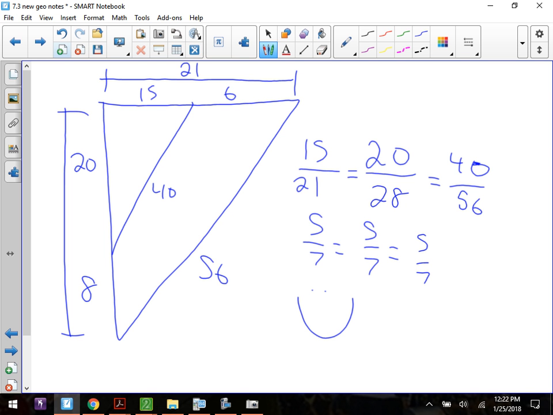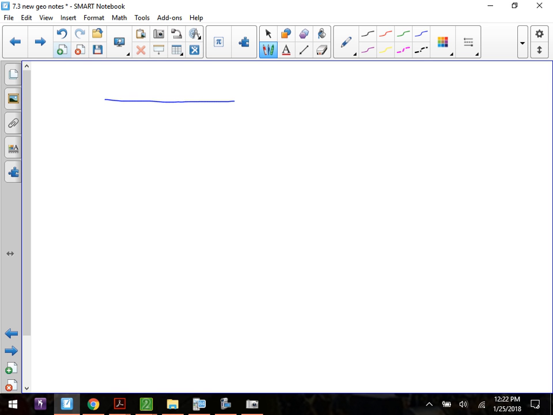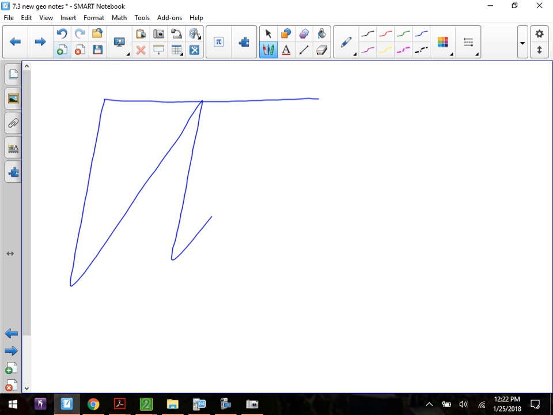Look over at 15 real quick. 15 is about the weirdest as they get as far as side angle side. This is about as weird as it gets when you have to figure out what you're working with.